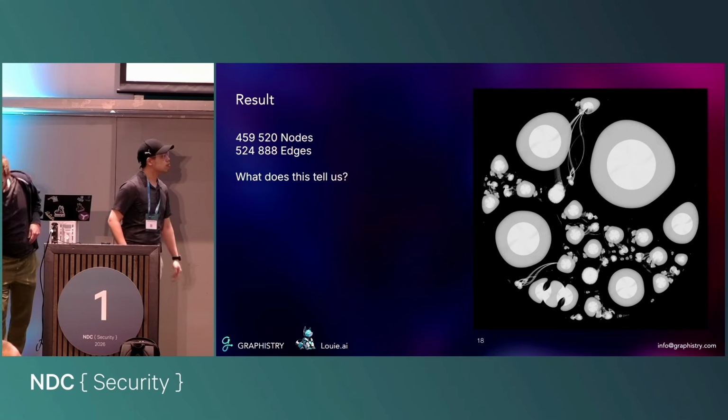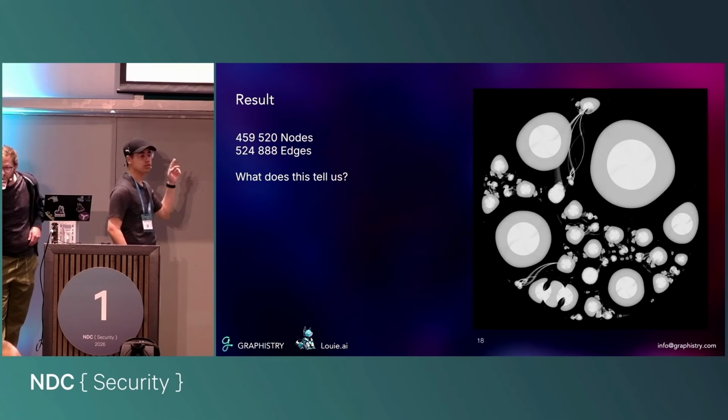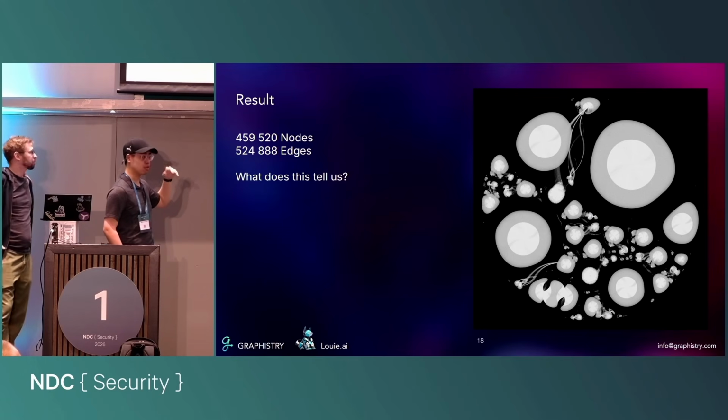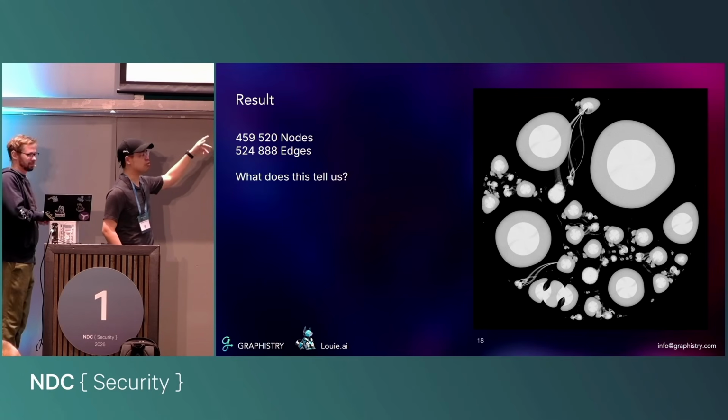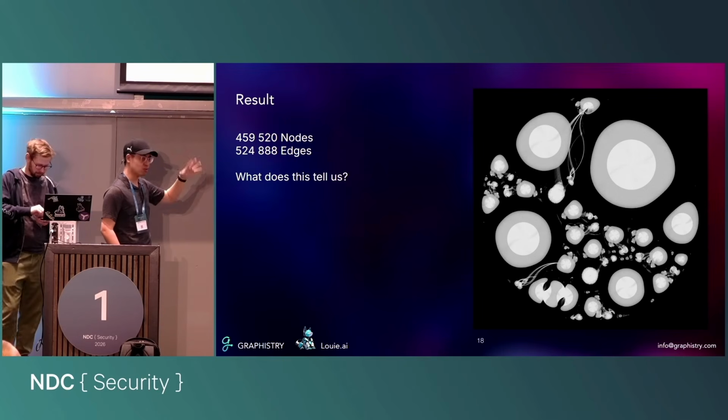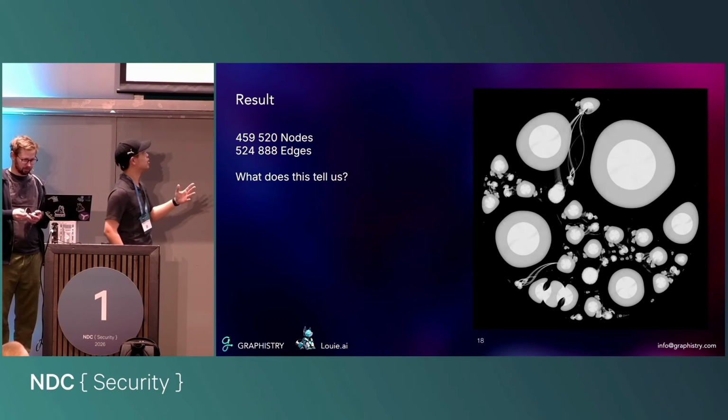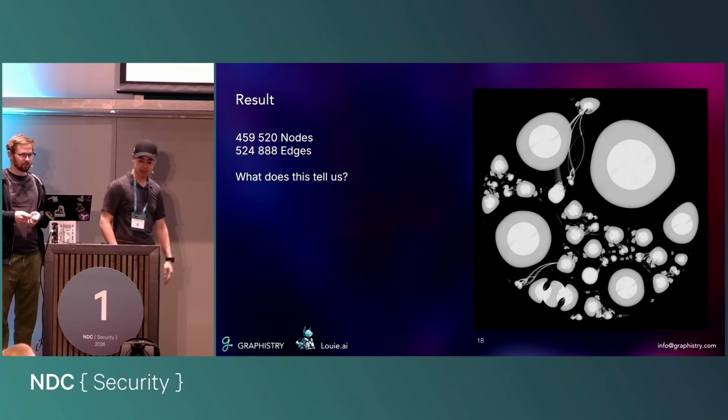One thing I find very interesting about this is if you're wondering what weeks of network logs look like if you just put them into a graph, that's what it looks like. That is raw network logs. It's something that you normally wouldn't pay very much attention to, but it turns into a very pretty picture, which I quite like.